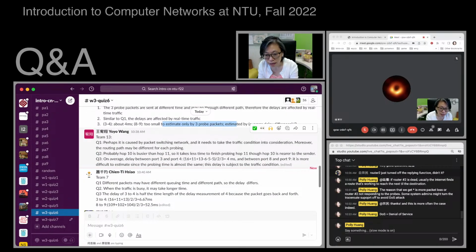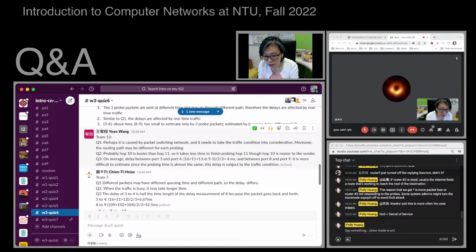Let's see 13, 右翔 on average. I see. Okay. Divided by 2. Between hop 8 and 9. Yeah, Zheng'en, I think you need to divide by 3 as well.